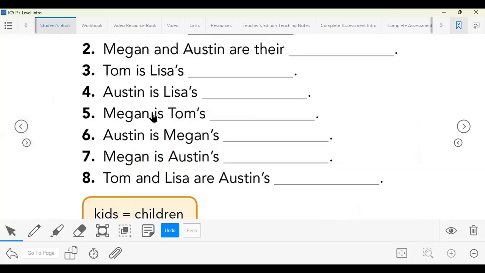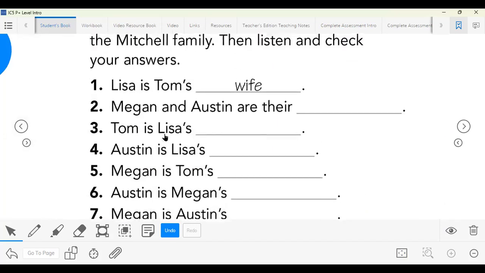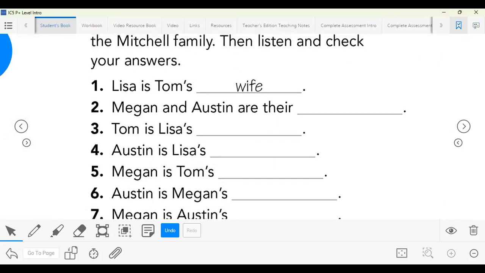And look at this. If you have two, just the last. In the last, we use apostrophe S. Not Megan's and Austin's. Megan and Austin's, for example, right?